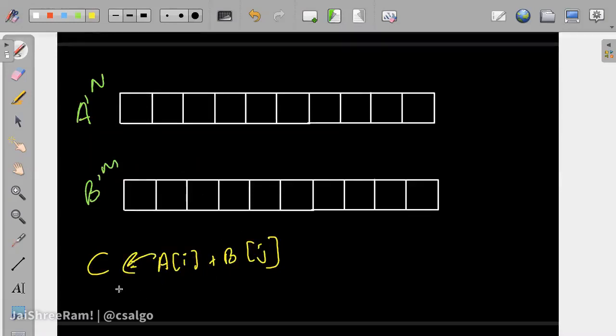So C will contain n into m elements, right? For every element of A, match it with one element of B and add that sum into C. Okay, is this part clear?